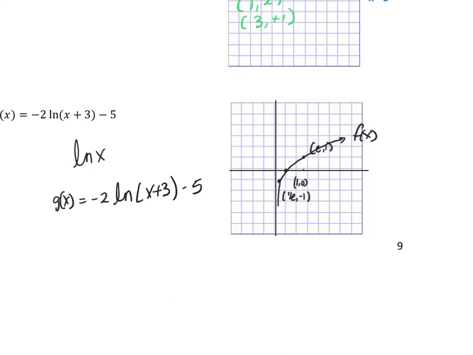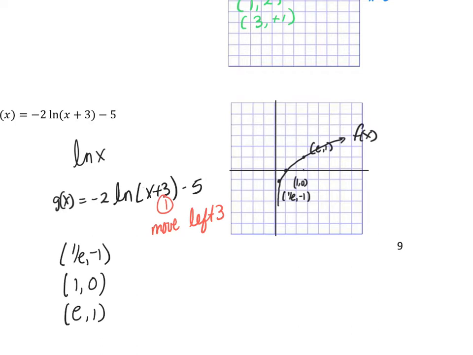The first thing I'm going to do is this, because I don't have a b value. What this does is it moves my entire graph left 3. So if I look at my points, I have 1 over e comma negative 1, 1 comma 0, and e comma 1.